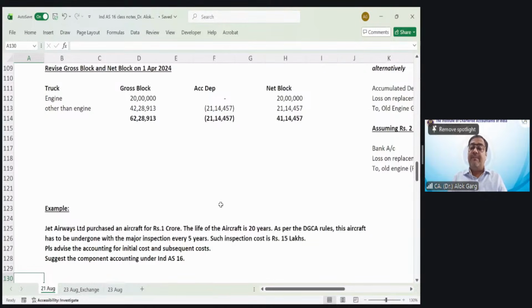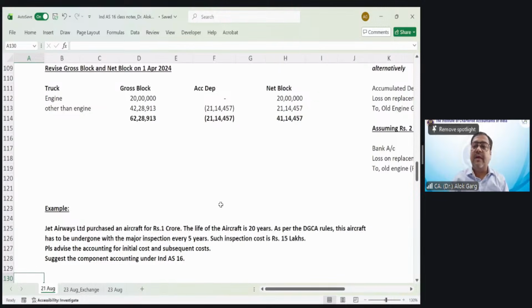If the company does not get this aircraft inspected, if the company does not get the clearance from DGCA, will the company be able to fly the aircraft? It doesn't matter that the aircraft is fully fine, fit and fine. Will the company be able to fly the aircraft?